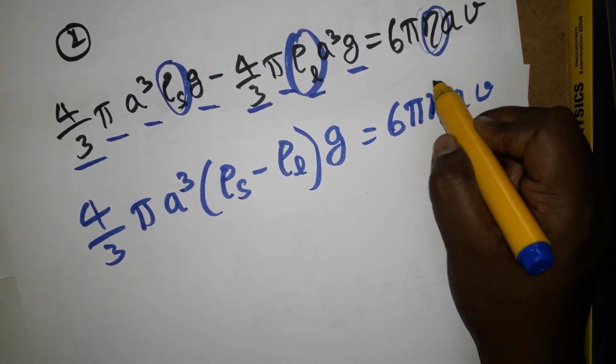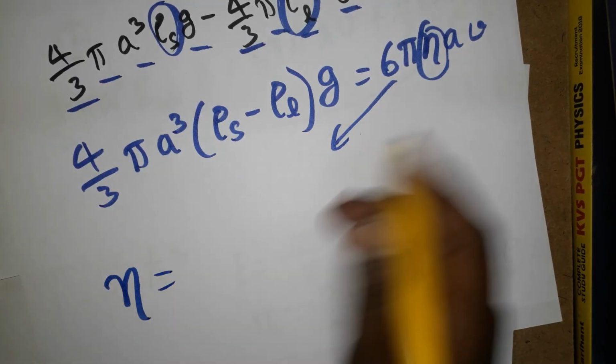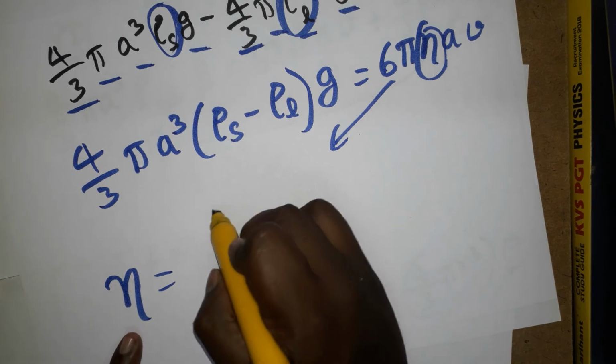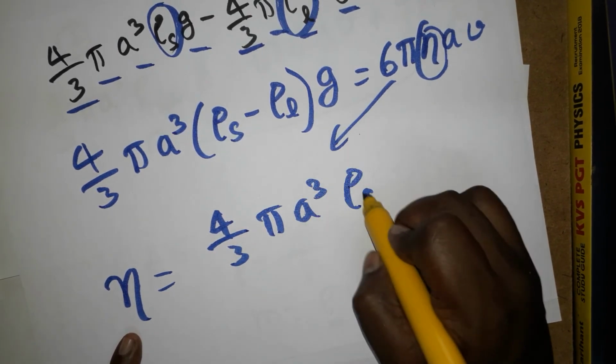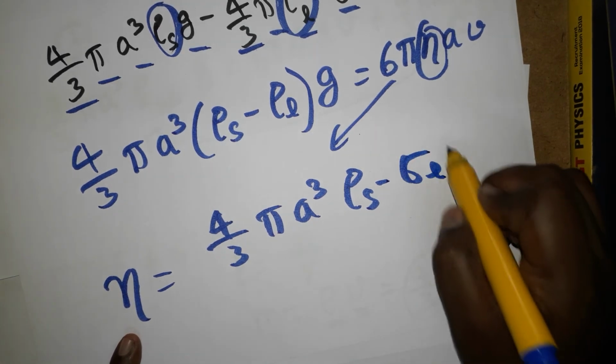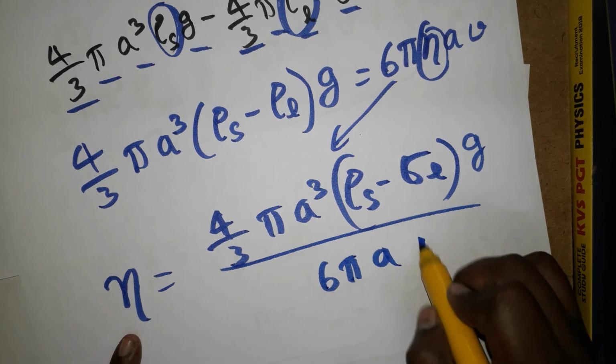We want only eta, so the remaining terms you can bring as a denominator by cross multiplication. Eta equals 4 by 3 pi a cube, density of the solid minus density of the liquid, into gravity, divided by 6 pi a v.